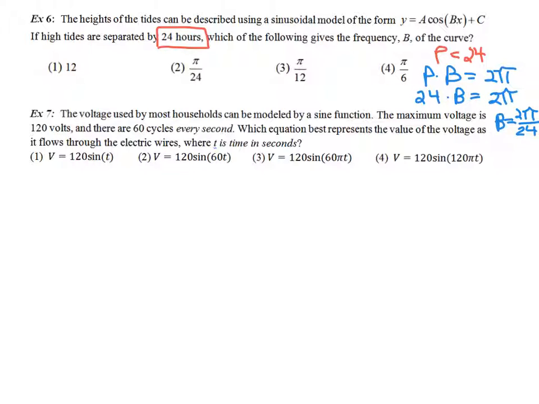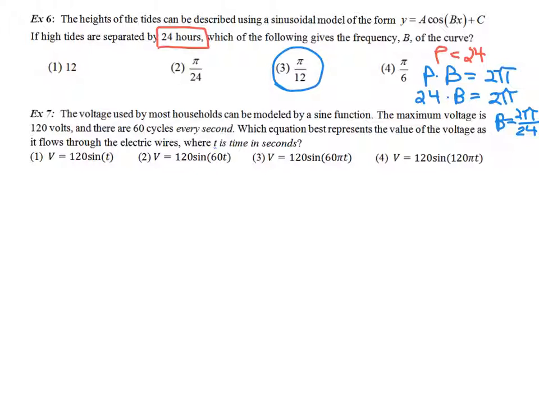And that can be reduced, of course, by canceling the 2 with the 24. So I get an answer of B equaling pi over 12, and again, that represents the frequency. So this time, the frequency had a pi in it, while the period did not. Again, it was important to recognize that the 24 stood for the number of hours, so it was a time quantity.